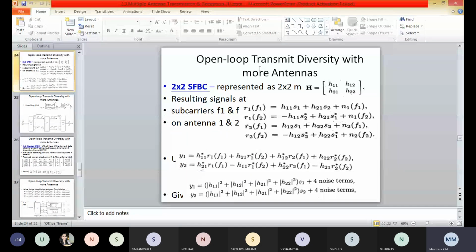Here it would be desirable to achieve the gains of both MRC, maximal ratio combining, and SFBC, space frequency block coding, simultaneously, and that is indeed possible in several cases.